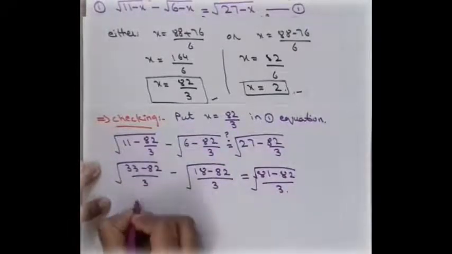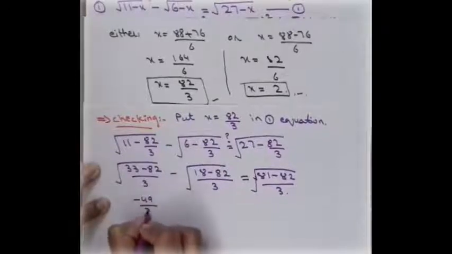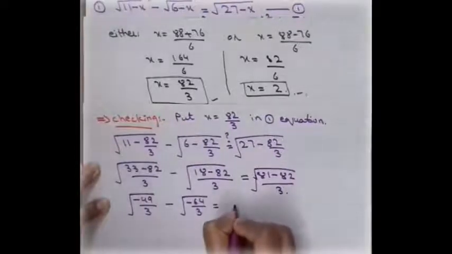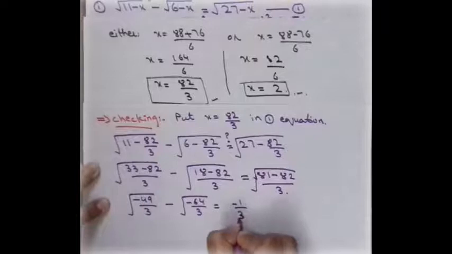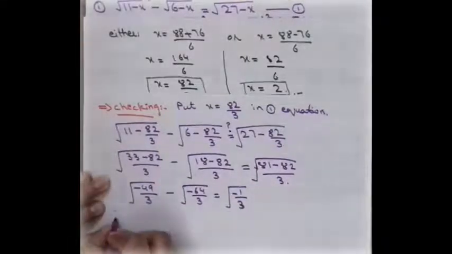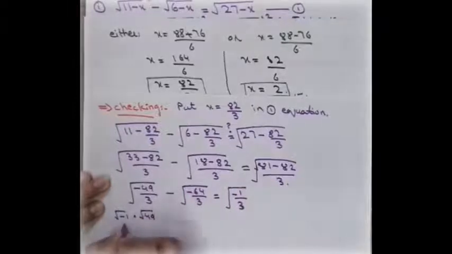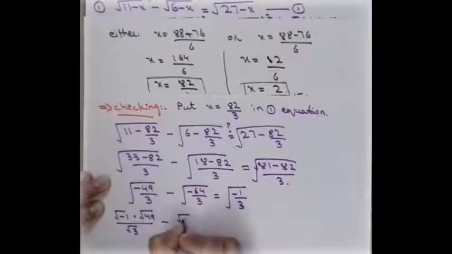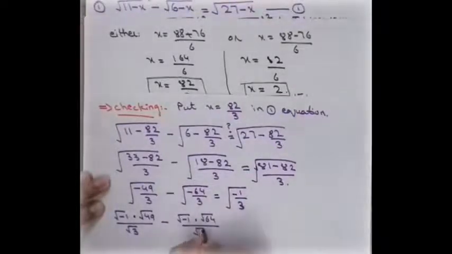So solving, we have the square root of minus 1 over 3 minus the square root of minus 64 over 3. We can write this as the square root of minus 1 times 49 over the square root of 3, minus the square root of minus 1 times 64 over the square root of 3.